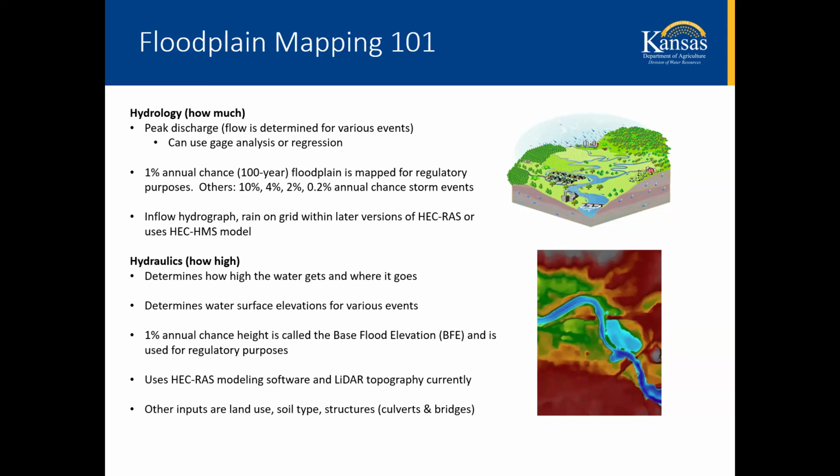So again, we're using the HEC-RAS modeling software and then LiDAR topography to map that. Other inputs, we do have other data sources that are integrated into these maps: the land use, soil types, structures such as culverts and bridges that would impact those hydraulics.